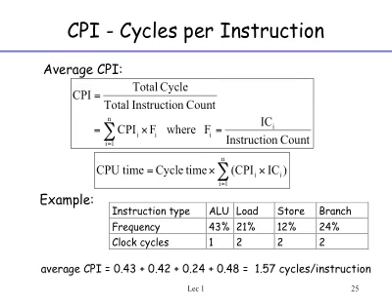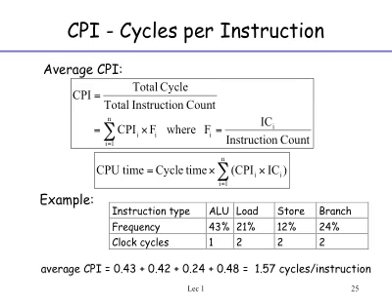To give you an example, we have four types of instructions: ALU, load, store, and branch. Out of this program, which may have 1,000,000 instructions, 43% are ALU instructions, 21% are load instructions, 12% are store instructions, and the remaining 24% are branch instructions.